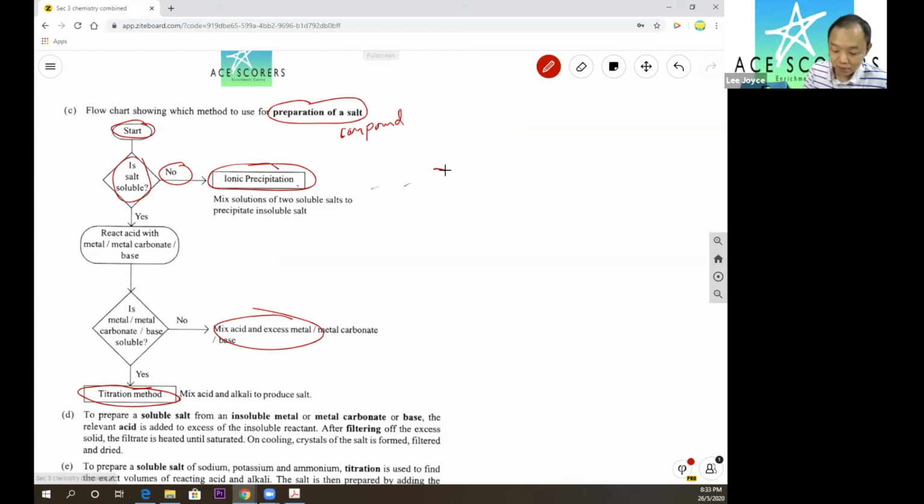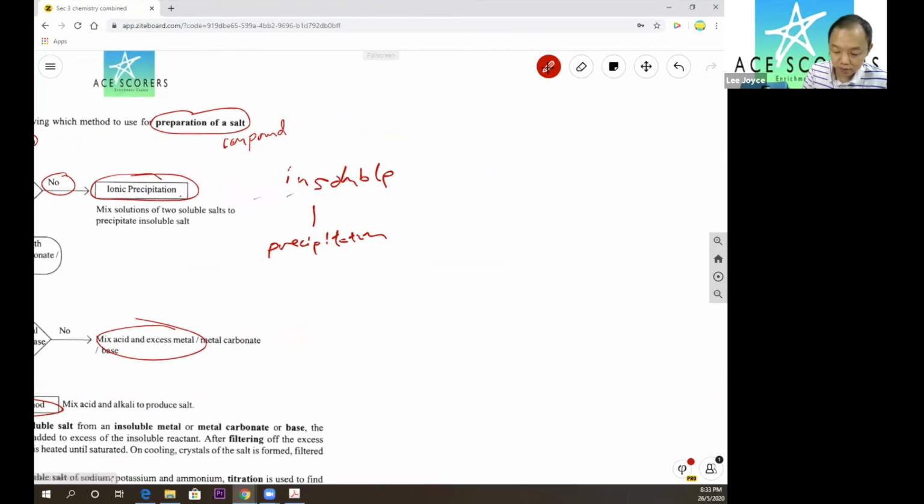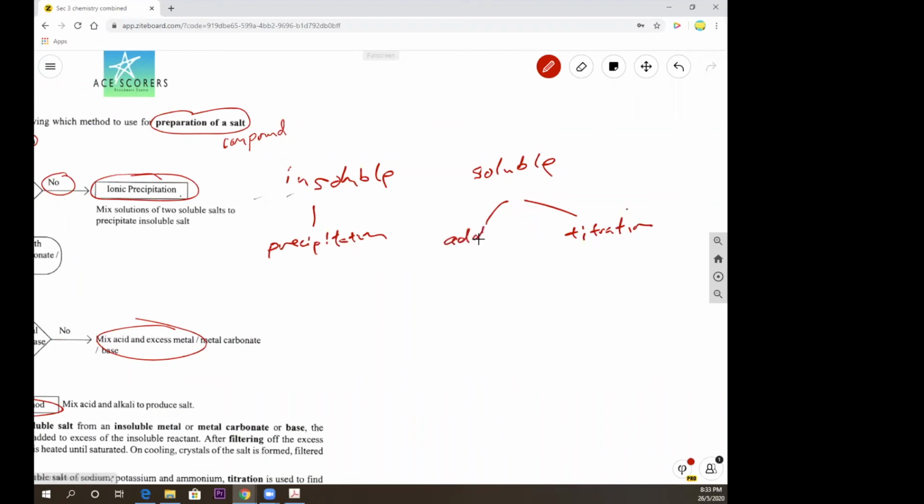For insoluble salt, just use precipitation. For soluble salt, there are two ways. One is called titration. The other one is called add excess.